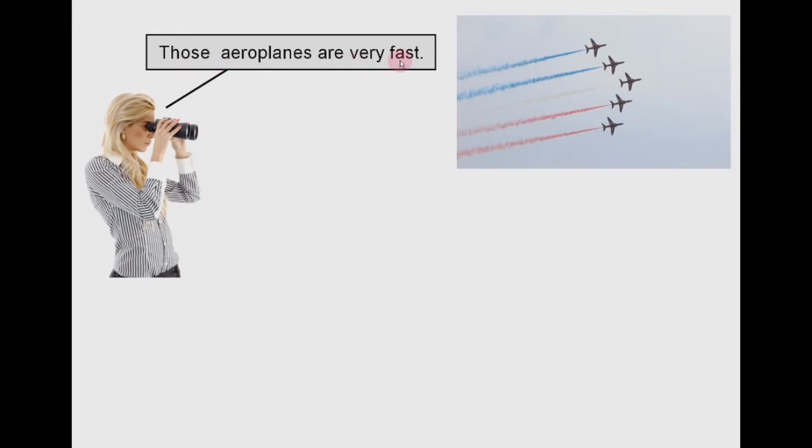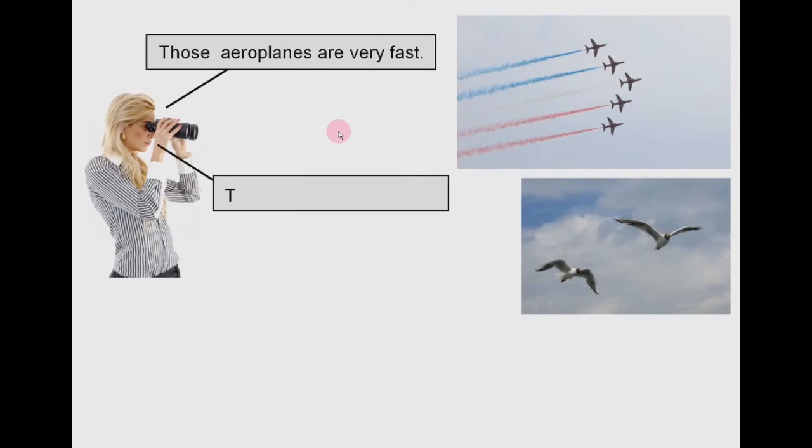Those aeroplanes are very fast. And those birds are beautiful. So again, this is the plural for objects which are far from the person, and so we use those with the noun, those with a noun in the plural.